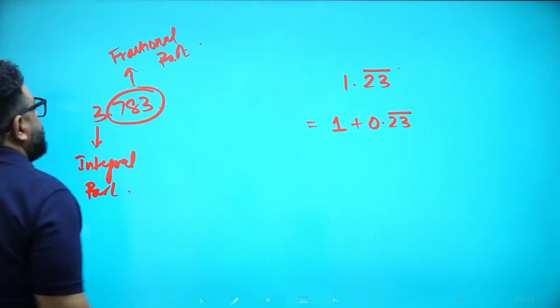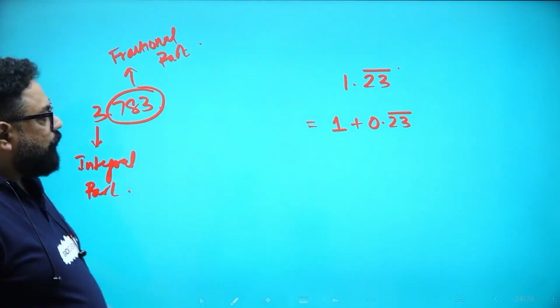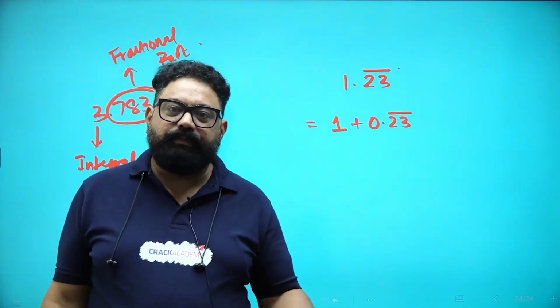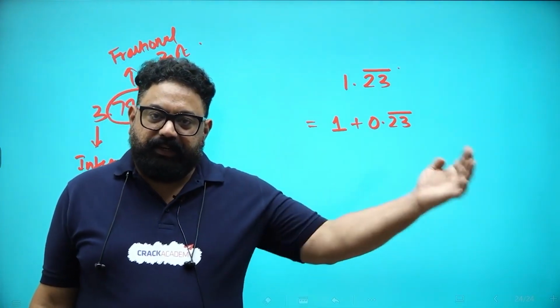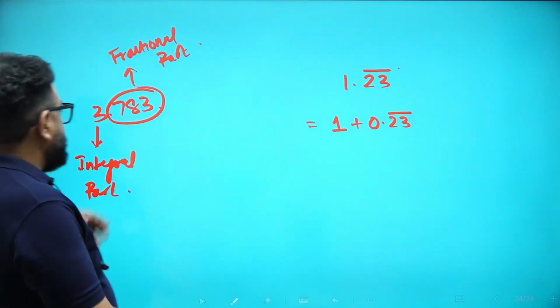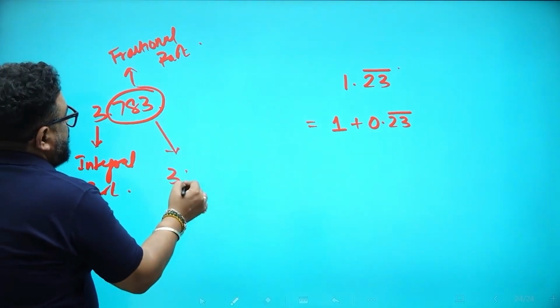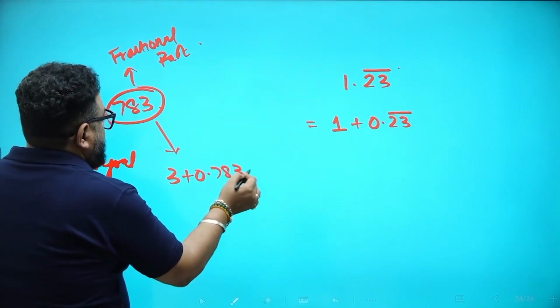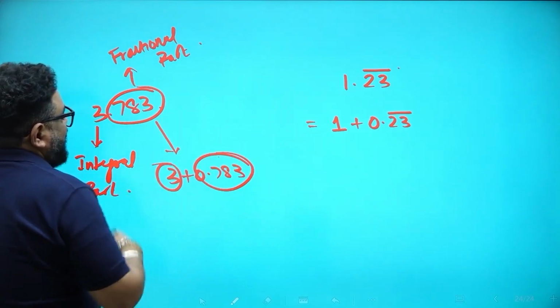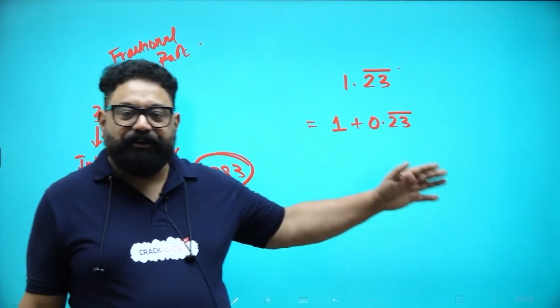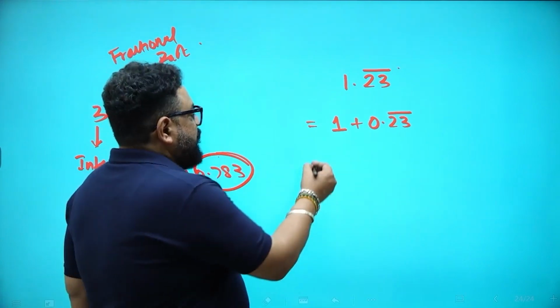Fractional part of the number, right? So once you get this number, put the fractional part out. Now this is 3 plus 0.783. This is fractional, this is integral. Once you separate it, now we can put that formula, which is the trick.